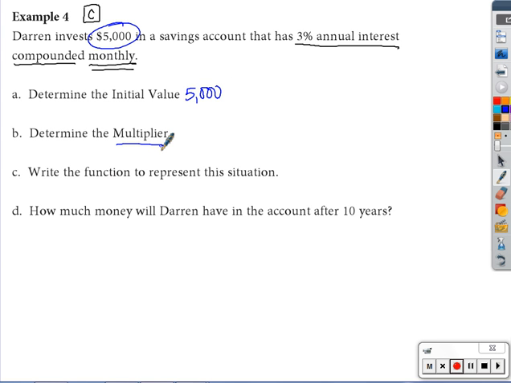The multiplier. This is going to be a little more difficult now because this 3%, 3 divided by 100, is 0.03, but it's being compounded monthly. So how many months are in a year? 12. So I have to take that number divided by 12.